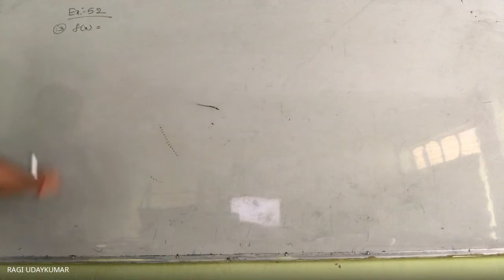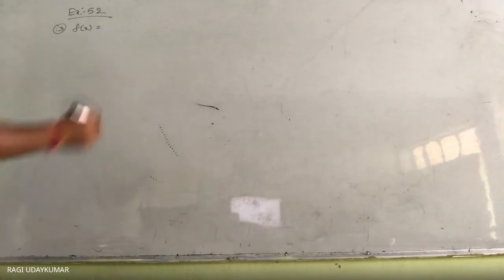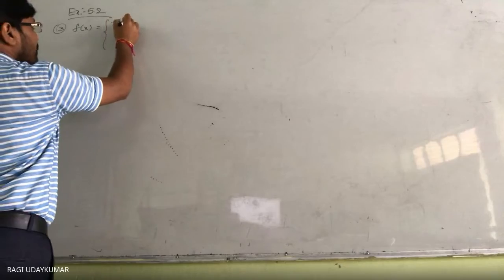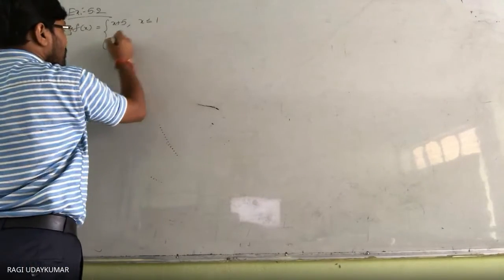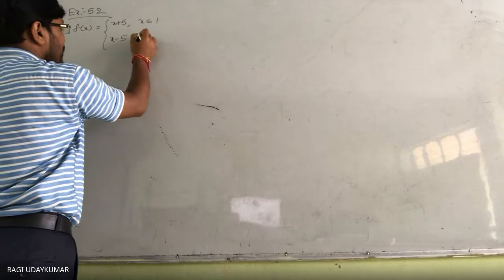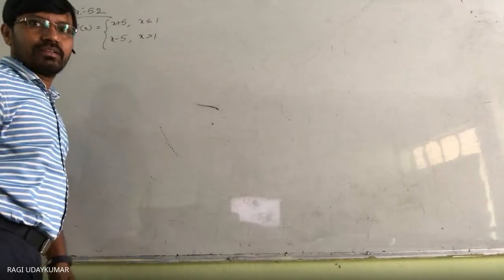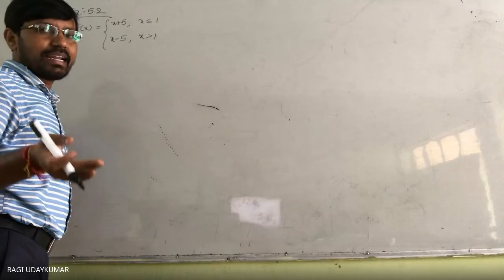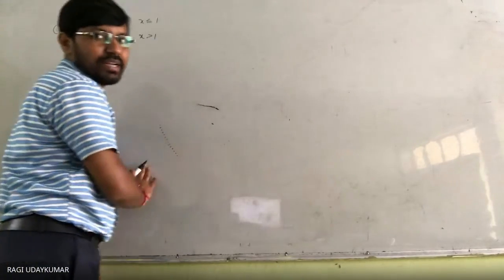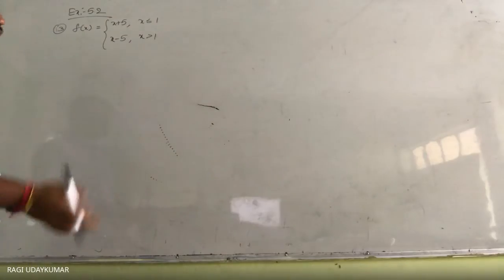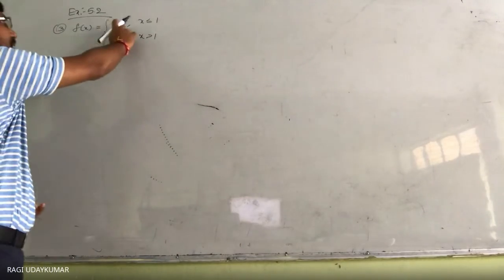Okay, 13th one. f of x is equals to x plus 5 if x is less than or equal to 1, x minus 5 if x is greater than 1. Just by observation only you can do it, not always solving. तो 1 का प्लेस में स्प्लिट करना. Less than 1, is equals to 1, greater than 1. And obviously greater than 1 को कंटीन्यूअस होगा because this is a linear polynomial. कंटीन्यूअस होगा.